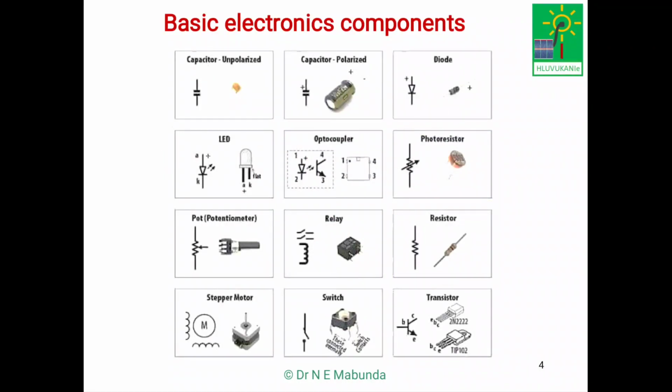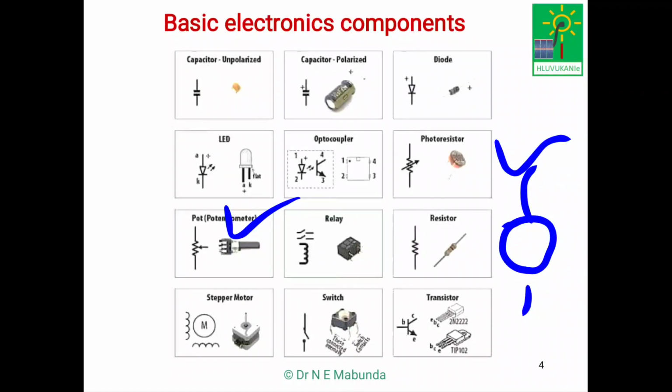The next one is a variable resistor, which looks like that, and another one which looks like that. A variable resistor, if you want to know where to find it, the volume control actually varies the resistance. Let's say the manual knob which you wind on the front of a device: you wind that way, and the volume goes up; you wind the other way, and the volume goes down.